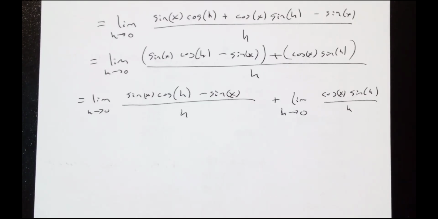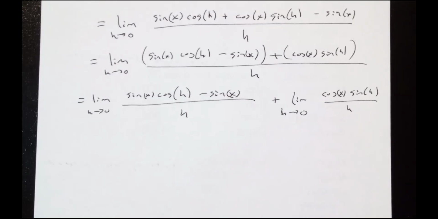You with me so far? Most of this at the moment is kind of just algebra mess. But I look at that far right term and I say to myself, this is a limit in terms of the letter h. It doesn't care what x is doing at all, right? As I take the limit as h goes to 0, cosine of x doesn't change, which makes it, in terms of h, a constant.